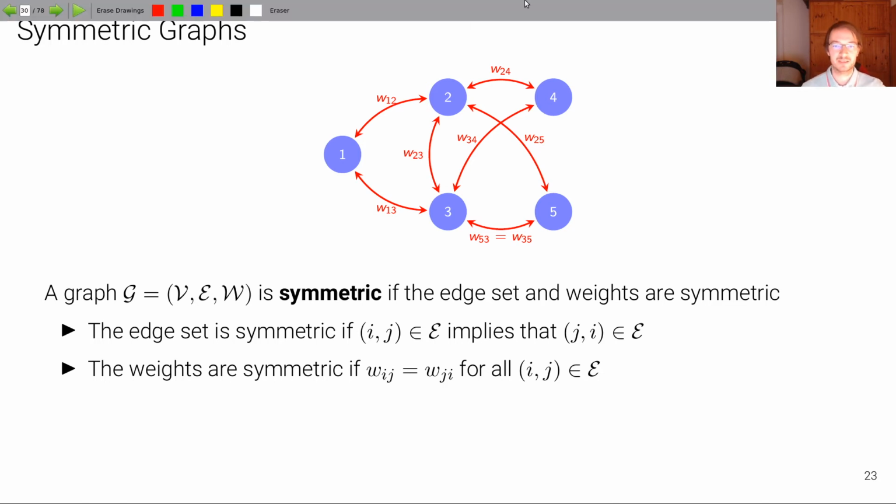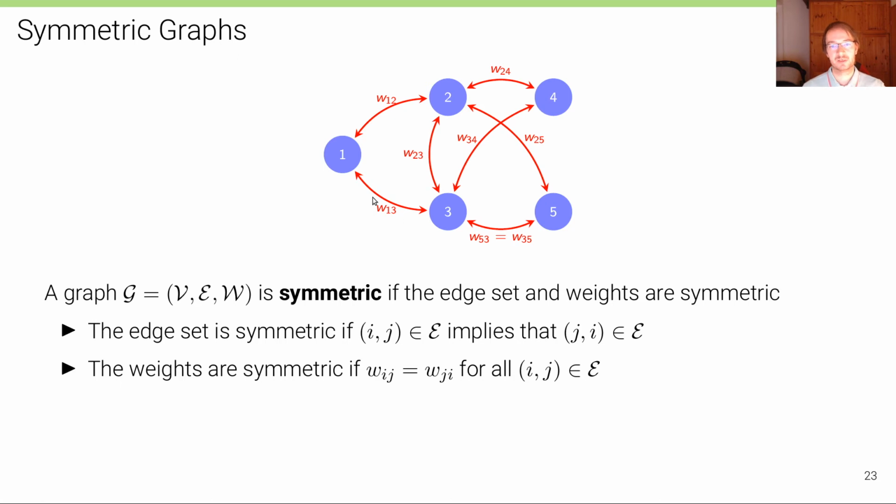And we indicate this here in this graph by simply having two-sided arrows. So all of the connections that we draw in such a graph are two-sided arrows now. Either we have no connection, like here in this case between 4 and 5, or we have a connection from 3 to 5 and from 5 to 3 as well.